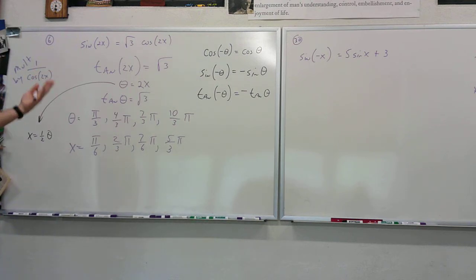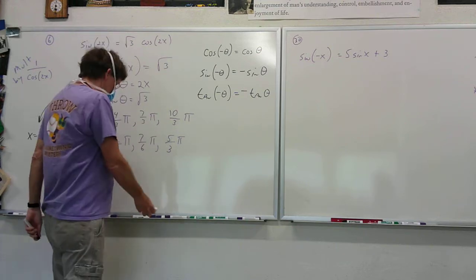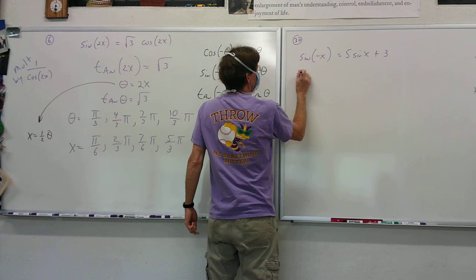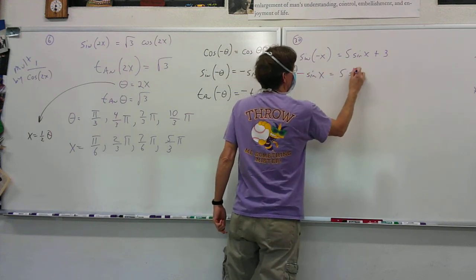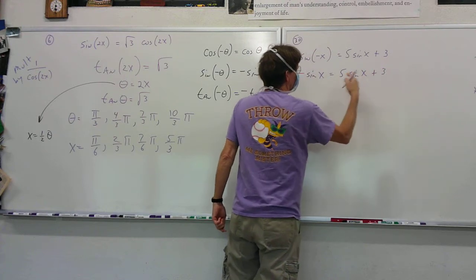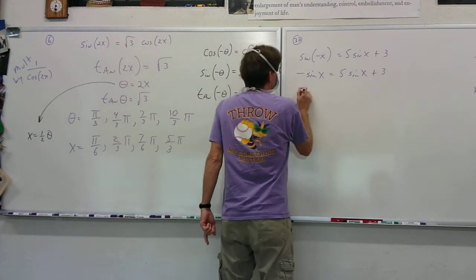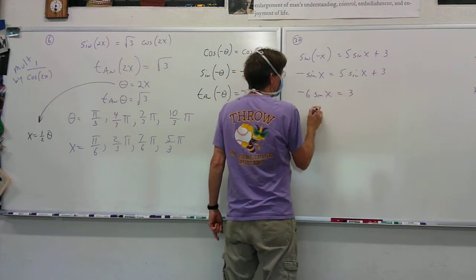That's all you have to know to deal with this problem, to get around that sine of a negative x. Put those three identities on the back of your circle. If you do that, you make that negative sine x equals 5 sine x plus 3. Subtract 5 sine x, you get negative 6 sine x equals 3.